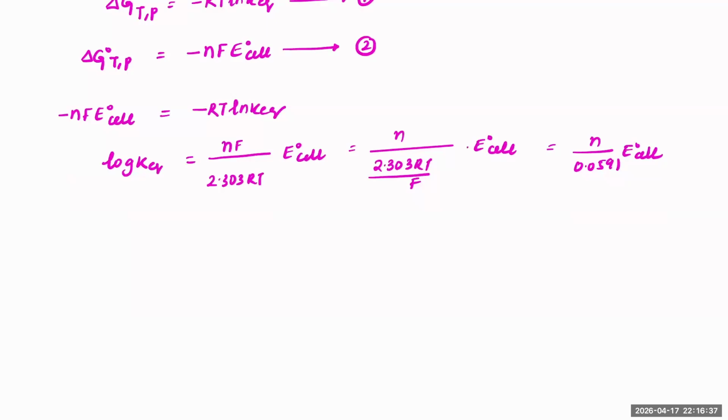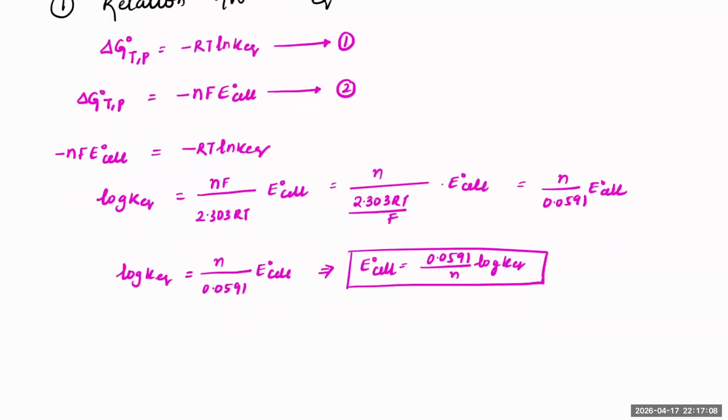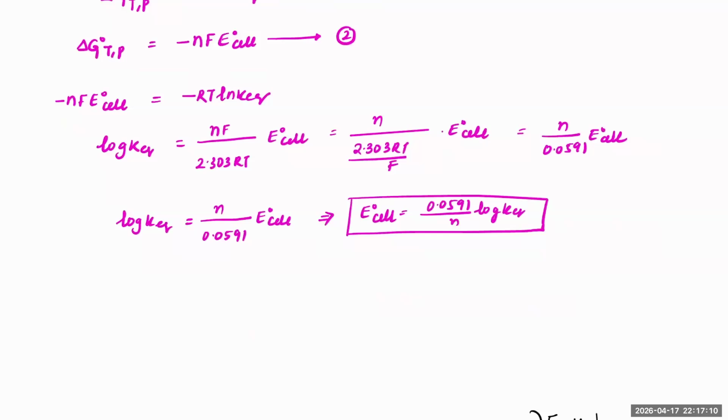Therefore, log of K equilibrium is equal to n, which is the number of electrons transferred, by 0.0591 into E naught cell. Or it can also be written as E naught cell equal to 0.0591 by n log of K equilibrium. This is the equation that you know how to relate them. Got it?